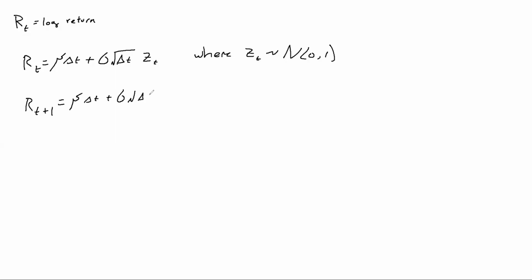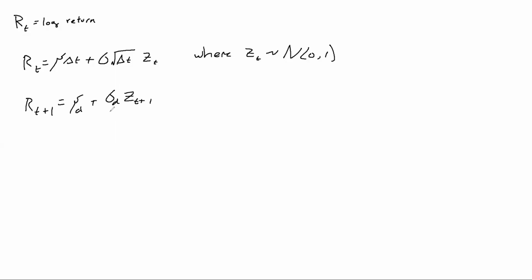If this is already in daily numbers, then it would be fine. So let's just make it all daily. So this is the daily return plus the daily volatility multiplied by z at t plus 1. And this is what we're simulating.